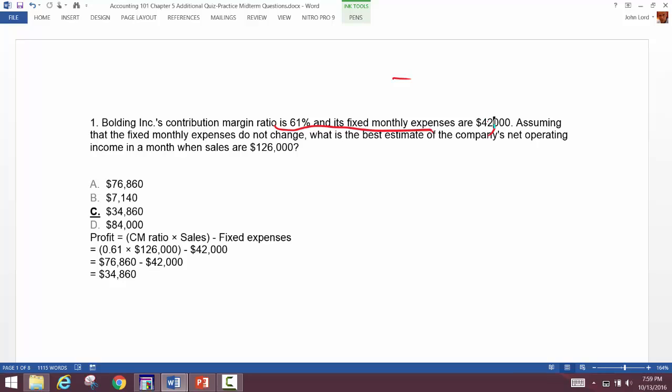And we say assume monthly fixed expenses do not change. What is the best estimate of the company's net operating income in a month where the sales are 126,000? Well, I take the 126,000 and I multiply that by the contribution margin ratio, don't I? And that's 0.61, which generates 76,860.